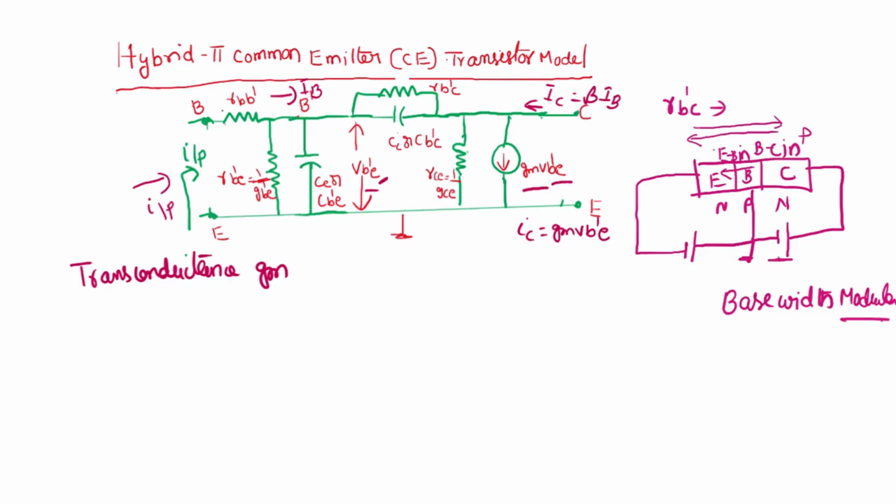Then coming to the output resistance. Output resistance RCE is the resistance between the collector and emitter due to the flow of transistor current. This is RCE. Another point: RB'C is the feedback resistance and CB'C is called the feedback capacitance, because RB'C is in parallel with CB'C. That is the reason CB'C is also called feedback capacitance.